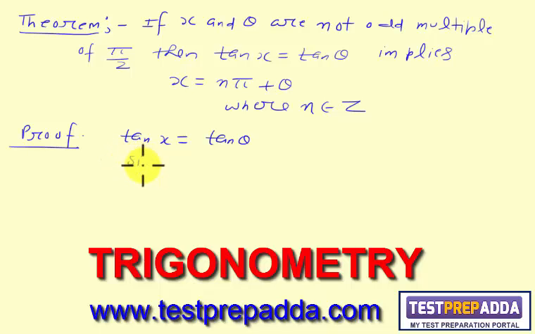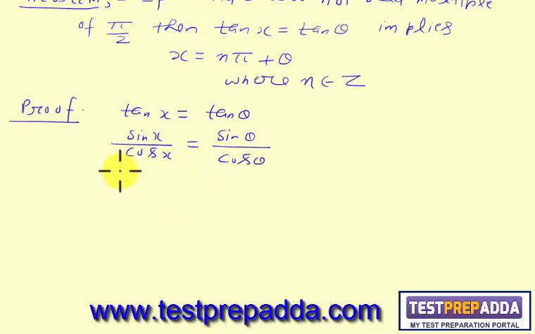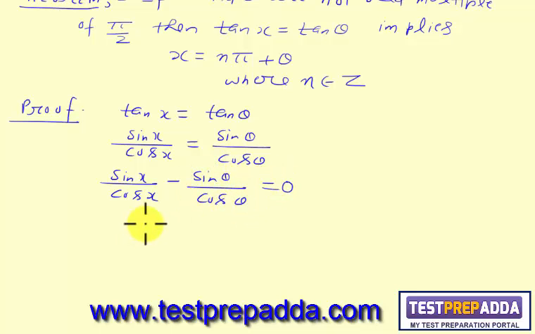So I can write this as sin x upon cos x is equal to sin theta upon cos theta. Okay, I can write this as sin x upon cos x minus sin theta upon cos theta equal to 0.